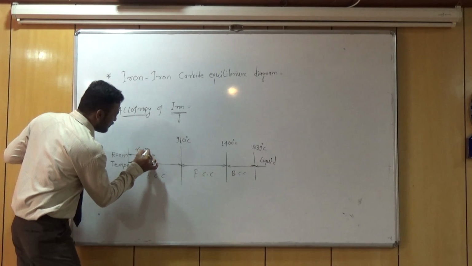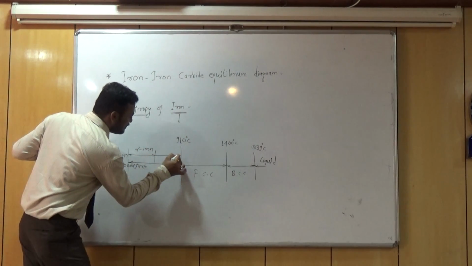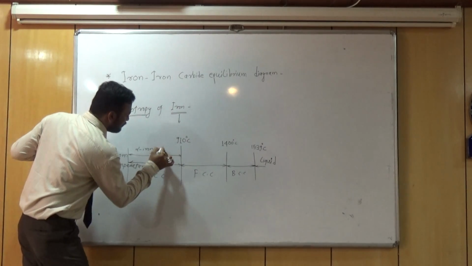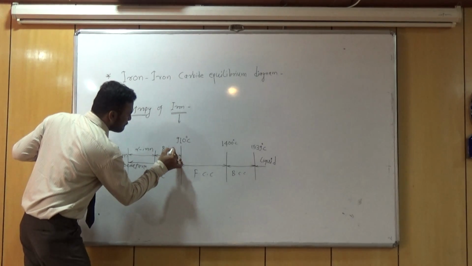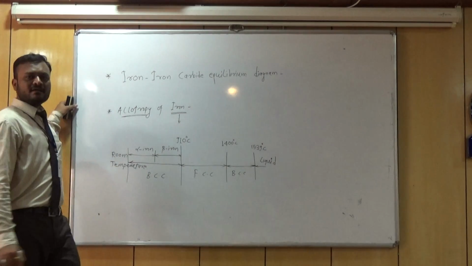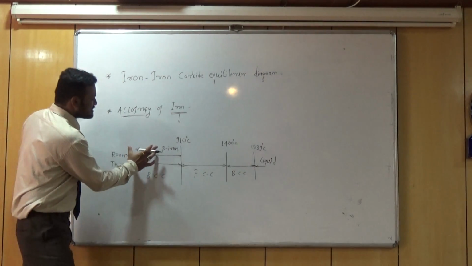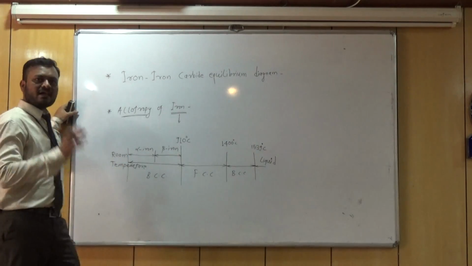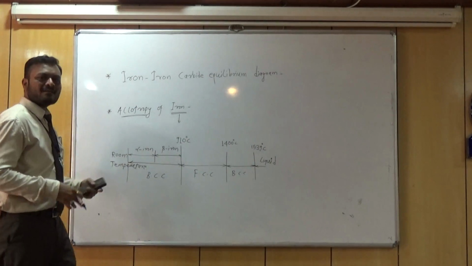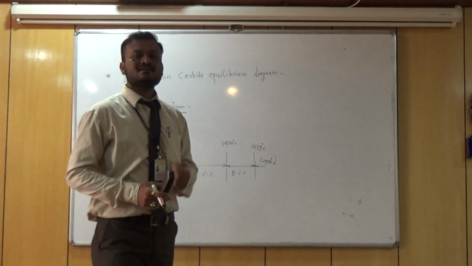Now, this BCC structure gets divided into two forms, one will be your alpha iron and another will be your beta iron. How are alpha iron and beta iron classified? Depending on their ferromagnetic properties.